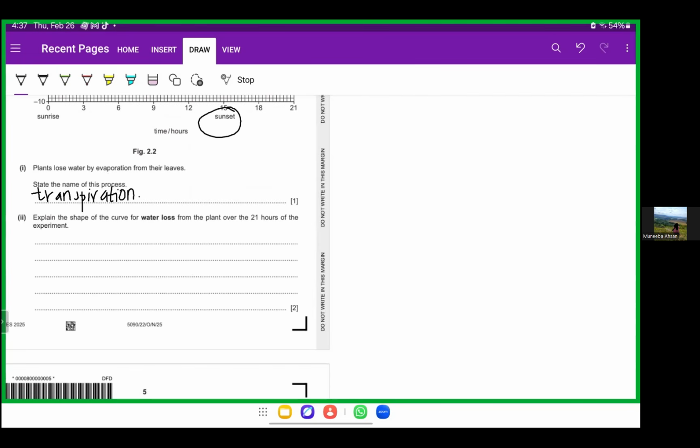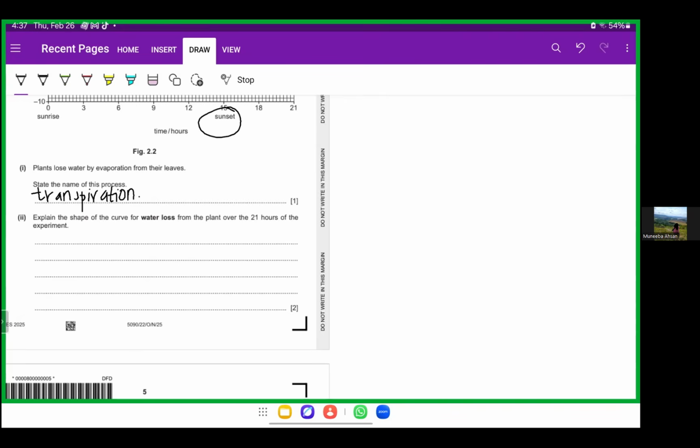Okay, explain the shape of the curve for the water loss from the plant over the 21 hours of the experiment. So you have to explain why the water loss has changed during the 21 hours. You have to keep in mind that you have to explain, not only describe.